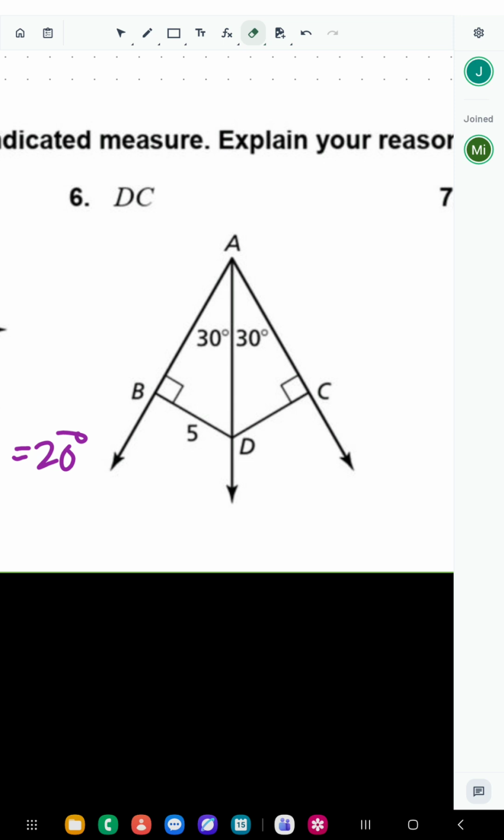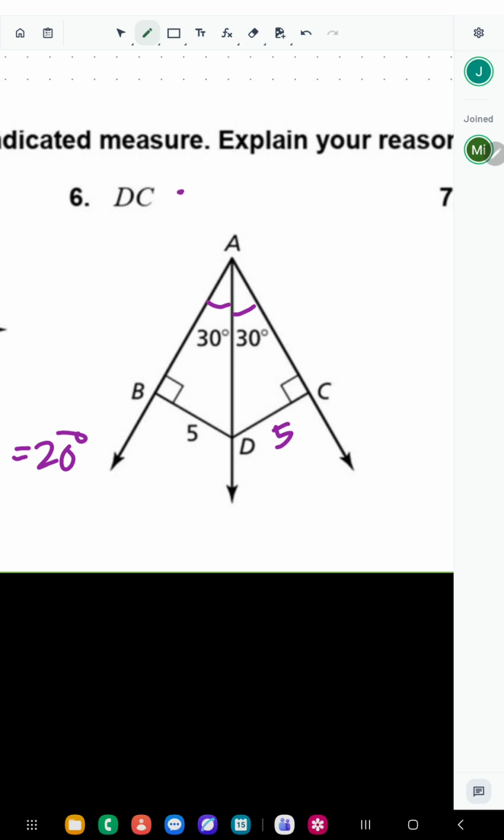Oh no, this one is angle bisector theorem, because we're given here that angle BAD and CAD are equal. So that means BD is equal to DC.